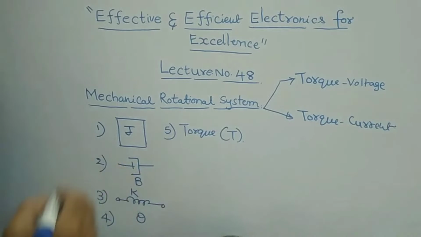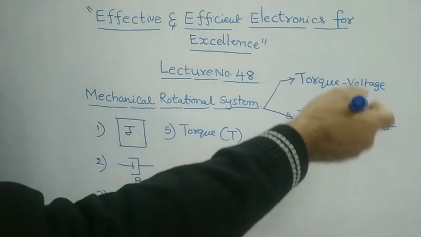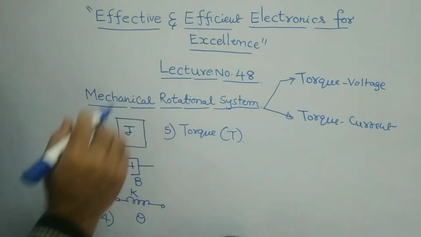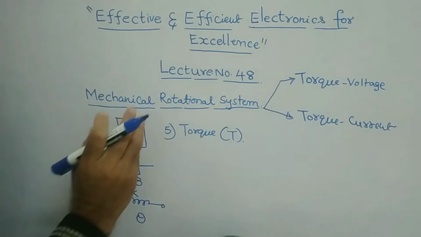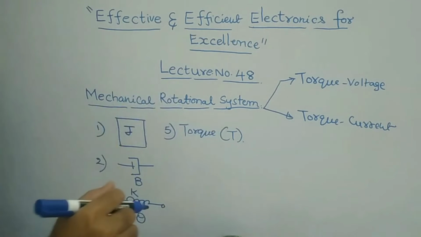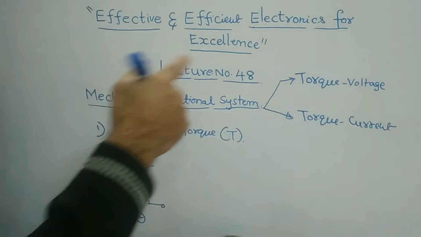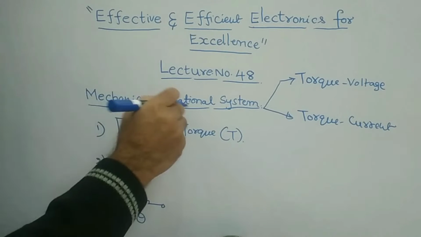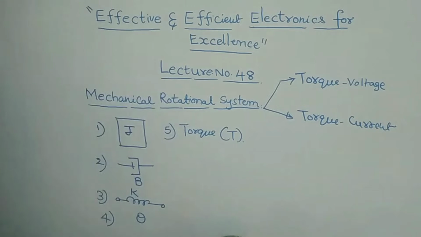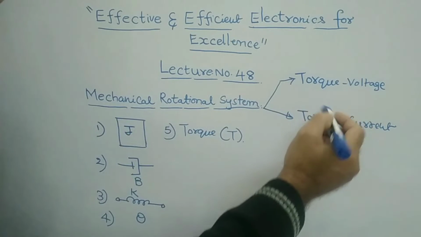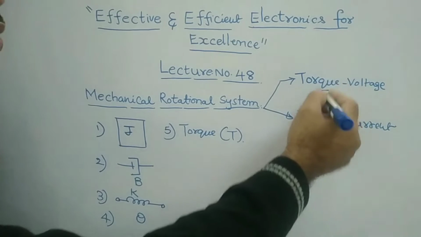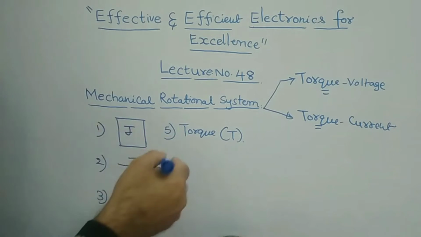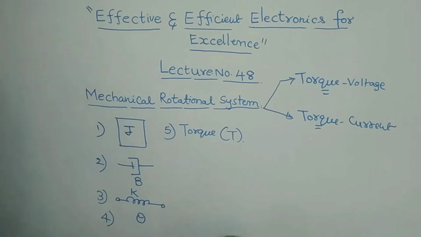Previously, in mechanical translational, we saw the force voltage analogy and force current analogy. Coming to the mechanical rotational system, instead of force you will be using torque. Therefore, torque voltage analogy and torque current analogy. Using these two types of analogies, we can represent the given mechanical rotational system as the corresponding equivalent electrical circuit.